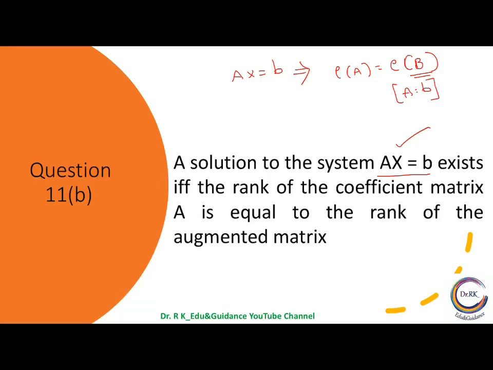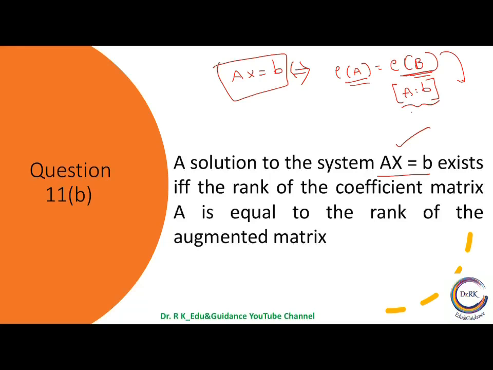This we are already familiar with. Again, I repeat: the non-homogeneous system of equations Ax equal to b is said to be consistent, that means a solution exists, if and only if rank of A equals rank of B, where B is the augmented matrix, that is A and b.